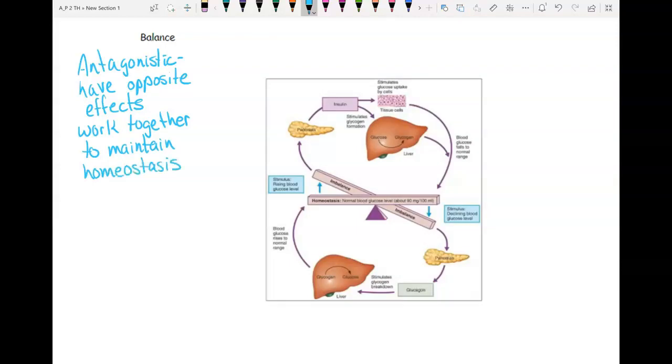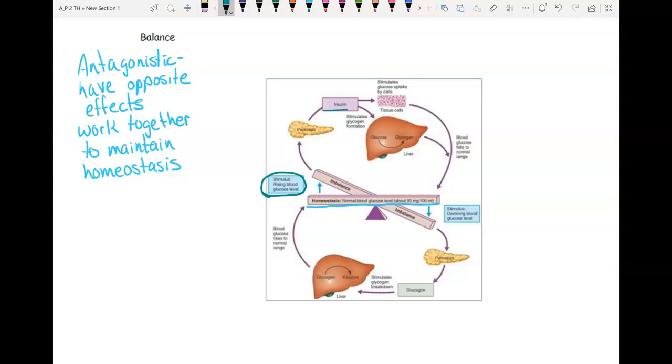So you can see here is homeostasis. Normal blood glucose level about 90 to 100. That number varies depending on what book you're reading, but in general, 100 give or take. Whenever blood glucose rises, so here is rising blood glucose, your pancreas detects that and it secretes insulin.